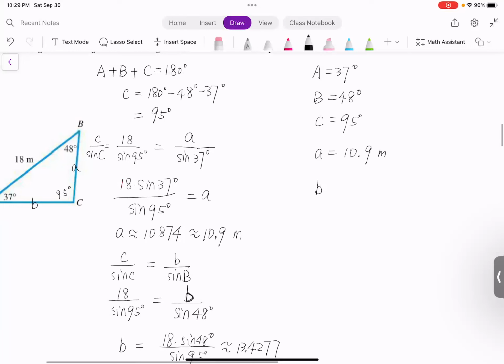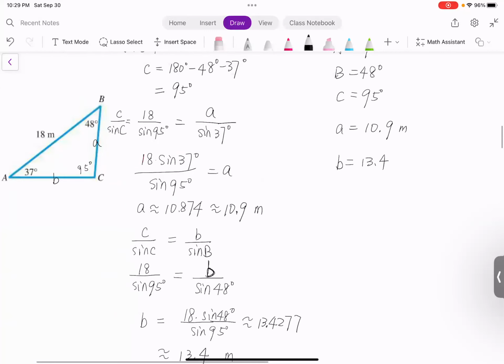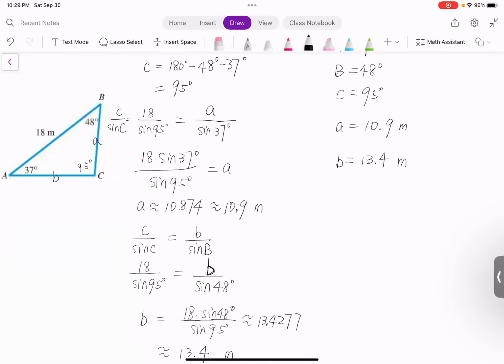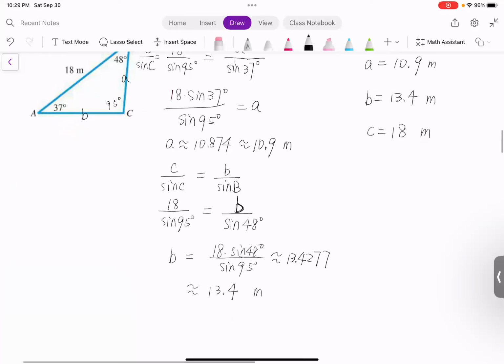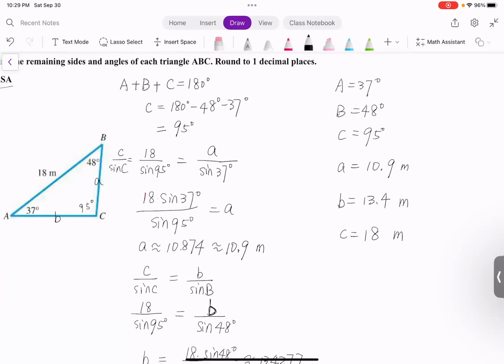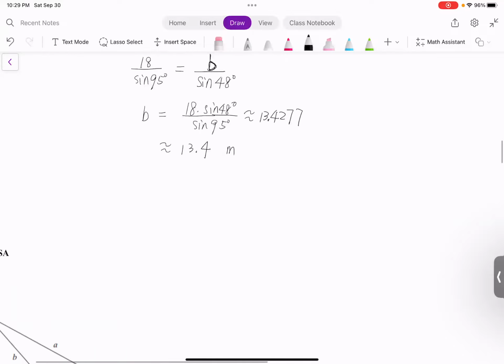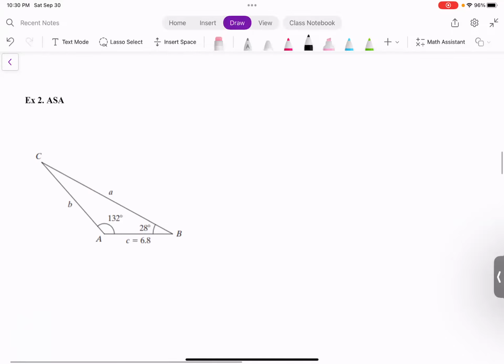And the B equals 13.4 meters. And the C is given as 18 meters. So we found all the information here that solved the triangle. All right, let's see the next one.